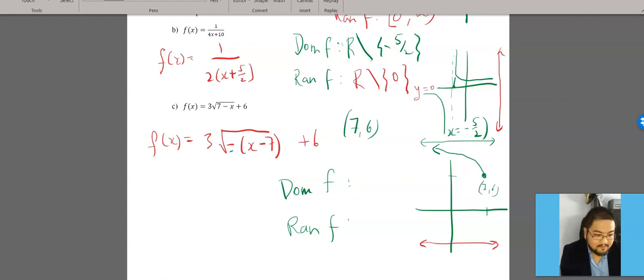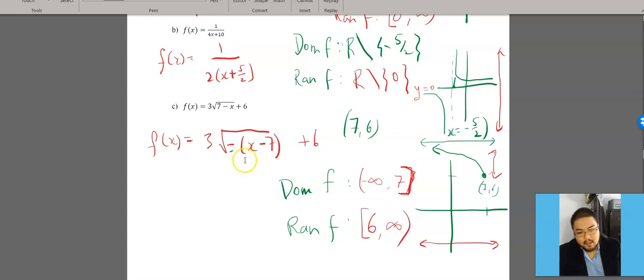It can be any value from negative infinity, and it stops at 7. It's a square bracket because it can be 7. And the range is from 6, and it can include 6, all the way upwards to infinity. And that's implied domain.